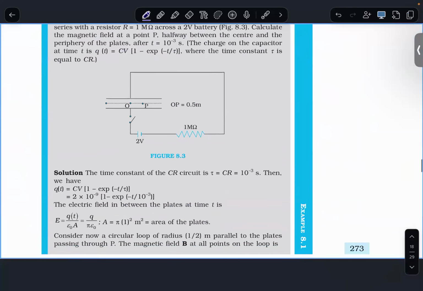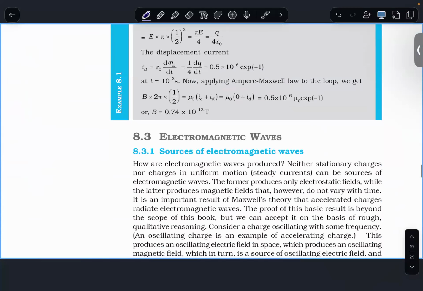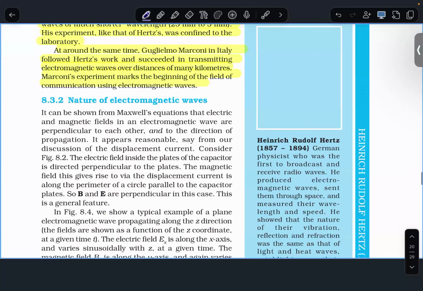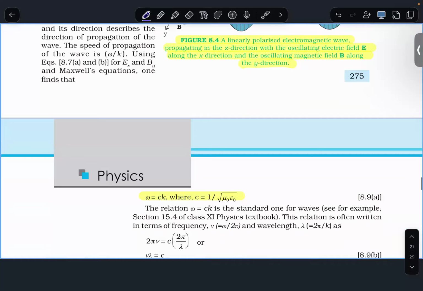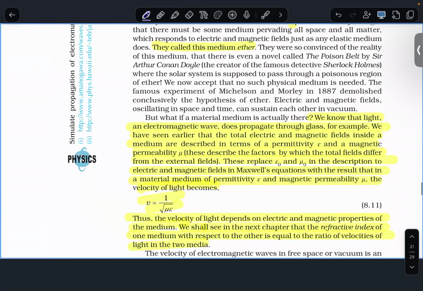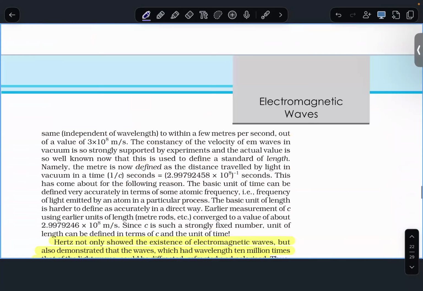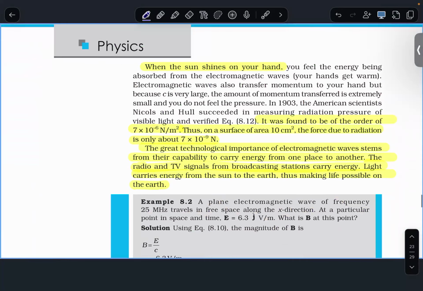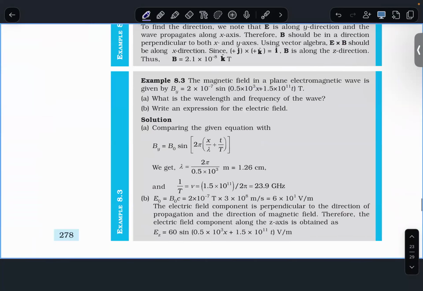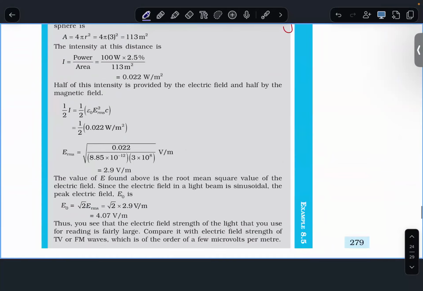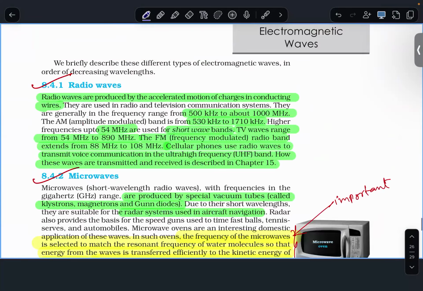Please go through this example. Only the highlighted area, just once go through. I have practically covered everything in this, but still the highlighted area, because you don't require one more round of reading NCERT after this class. So I have attached that important NCERT area in this portion itself.